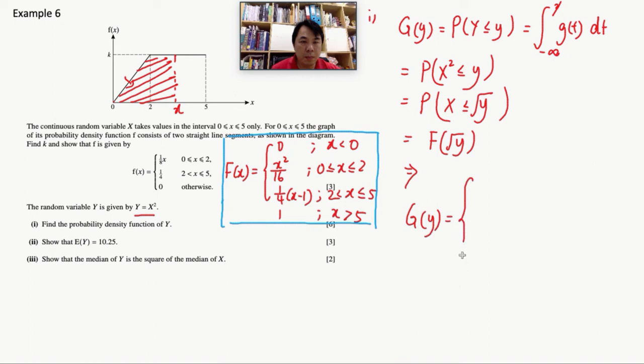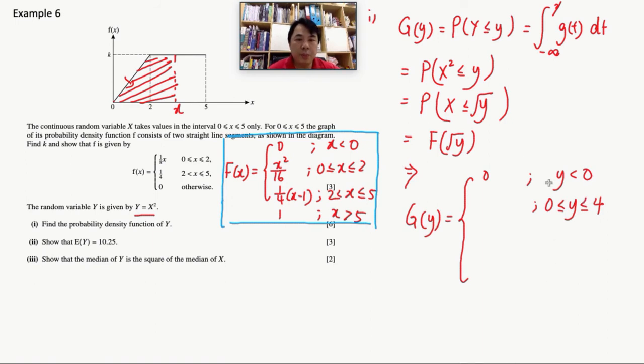Now the first part must be 0, of course, for any y that is less than 0. For the second domain, you can see that y is the square of x here, so it should be y more than 0 and less than or equal to 4.